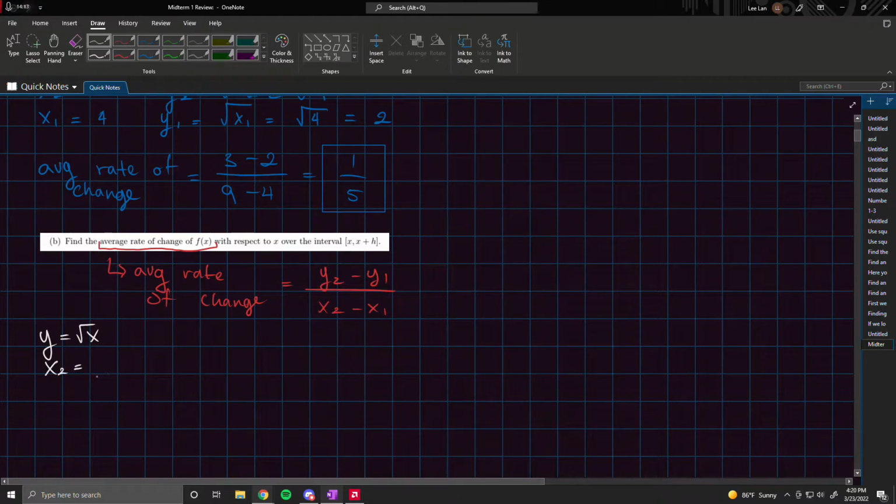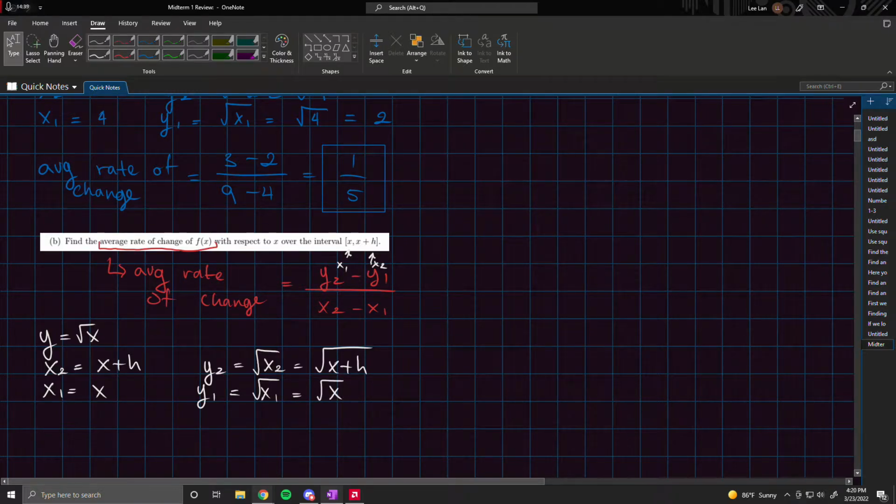So let's say x2 is the second one, so that'll be x plus h. And then x1 is just x, because this is the first one. And so y2 will be equal to the root of x2, which is root x plus h, and y1 will equal root x1, which is root x.